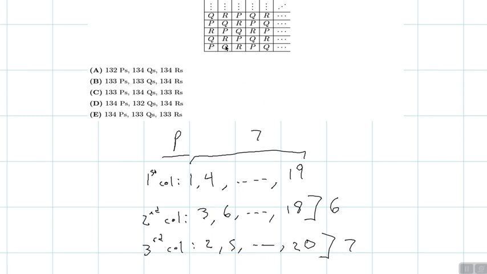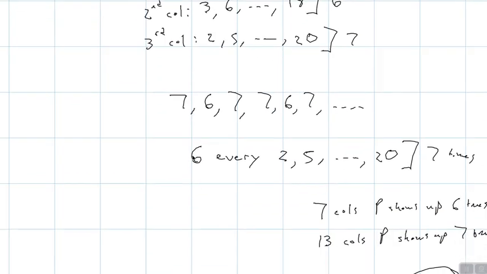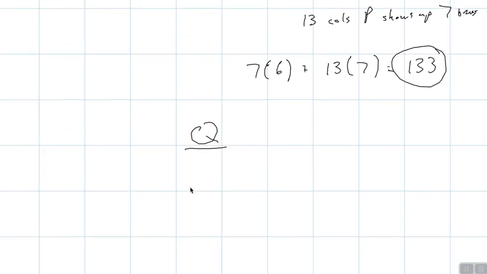When Q shows up in the first position, we know there are going to be 7 of them. When Q shows up in the third position, we know there are going to be 6 of them. So following that pattern, it has to be such that there are 7 Q's in the first column, 7 in the second column, and 6 in the third column. And the pattern will repeat like this till we get to that 20th column.